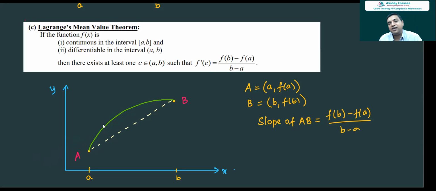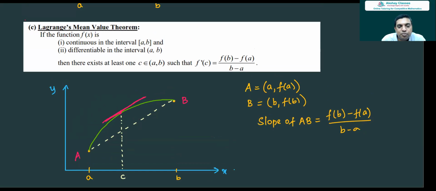Now what this mean value theorem says is, Lagrange's mean value theorem, there will be one point C where the tangent to the curve will be parallel. This is the tangent to the curve. This is parallel to this chord AB. All right, that is what Lagrange's mean value theorem is saying, and which is true.